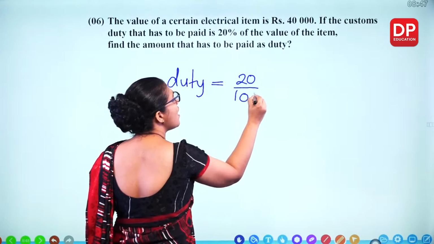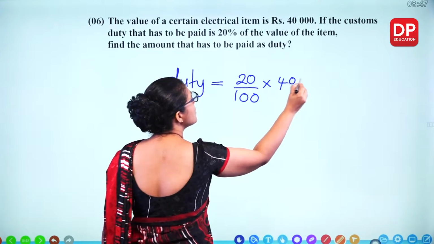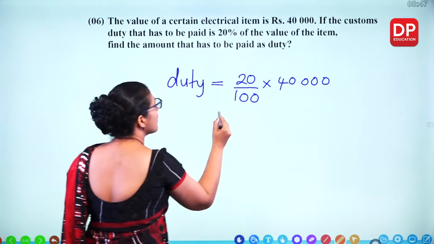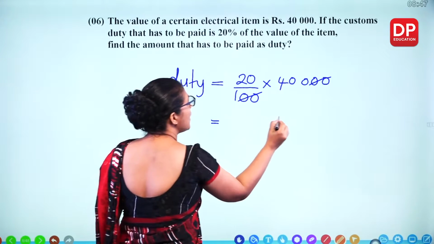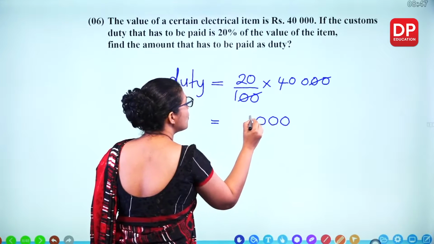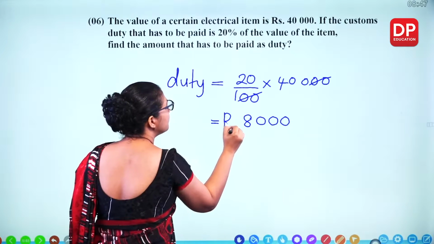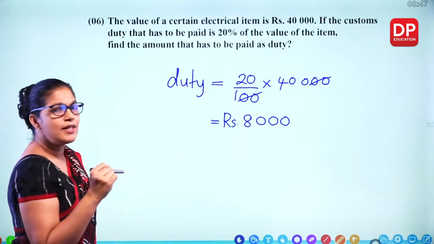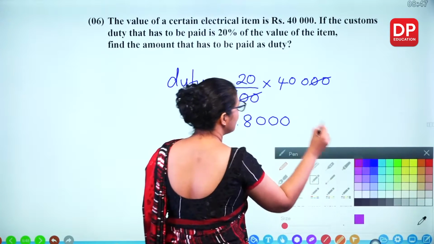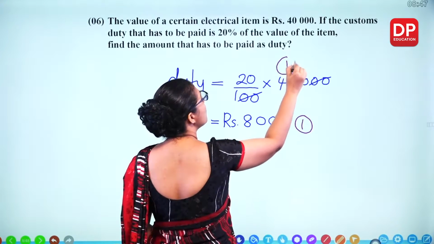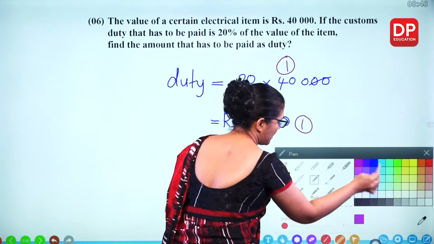That means 20 over 100 into 40,000. This is in rupees. 2 zeros get cancelled out. You get 1, 2, 3, 4 times 2, 8. 8,000 rupees is the duty value. So 2 marks. 1 mark for the method and 1 mark for the answer.